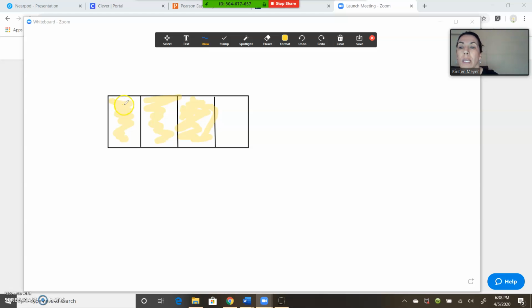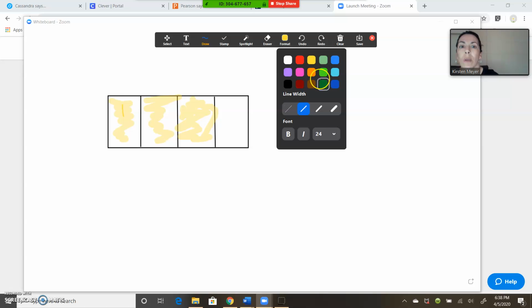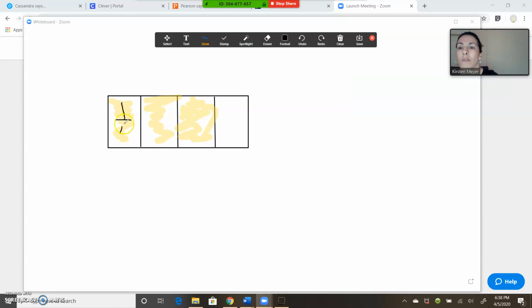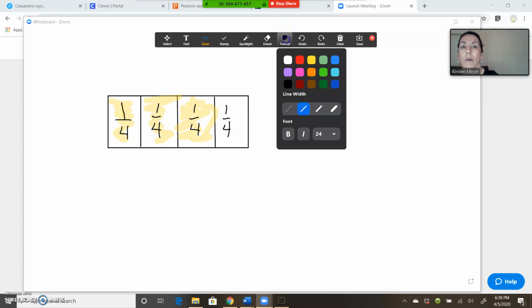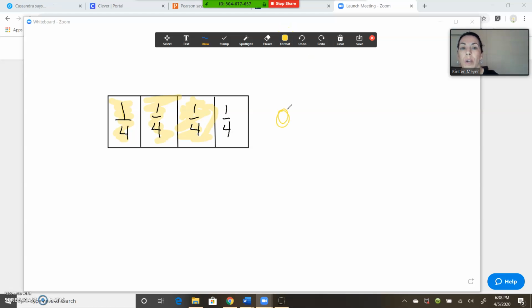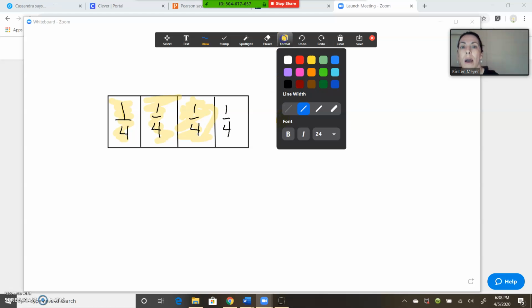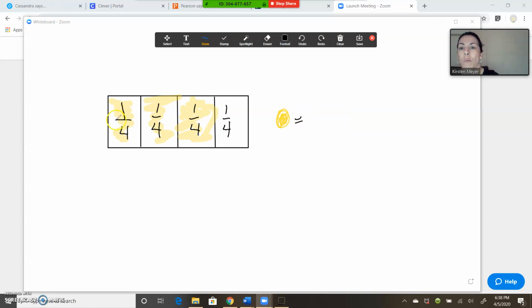So this part right here would be worth 1/4, and this part would be 1/4, and this part would be 1/4, and this part would be 1/4. If I wanted to talk about how many of my shapes were yellow, I have 1, 2, 3 of those.